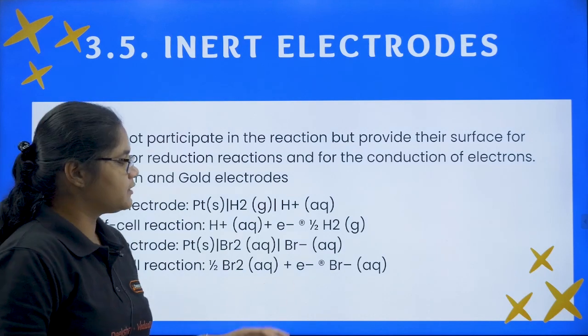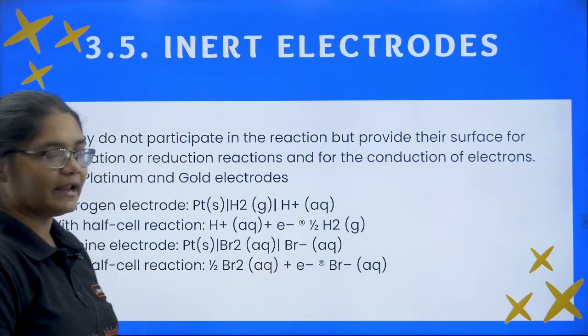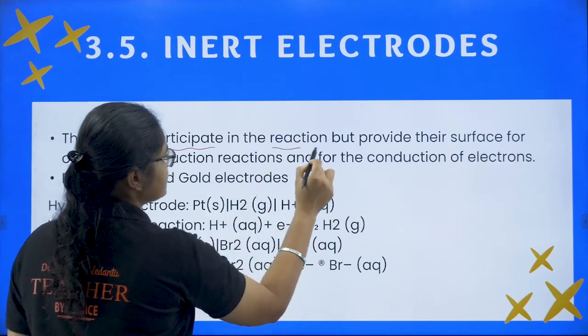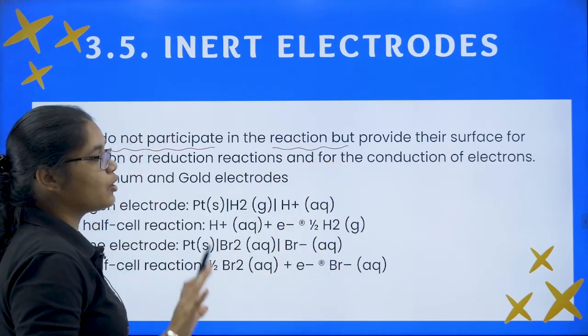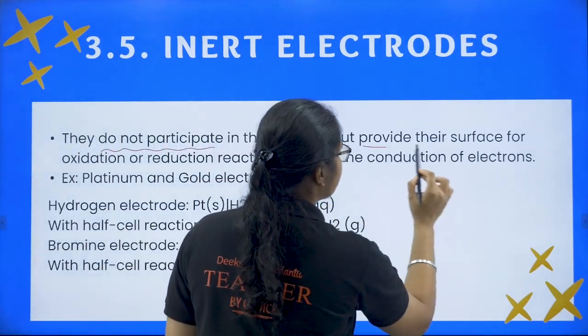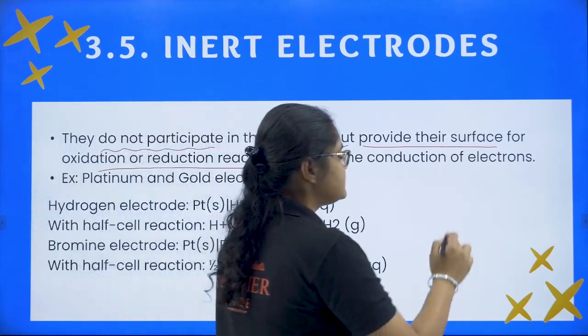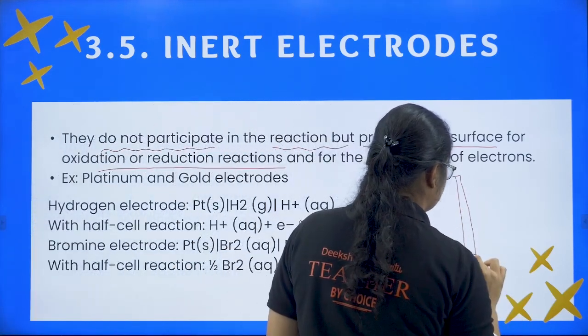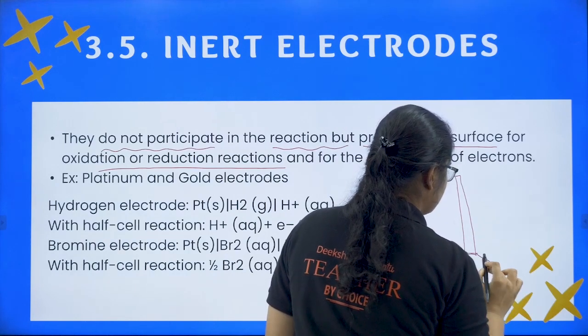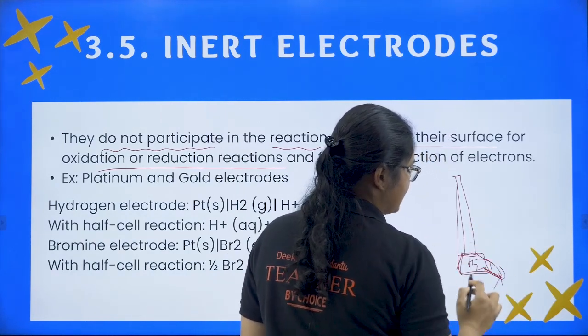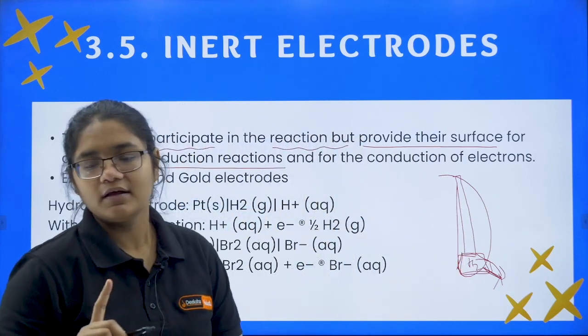Fine. Now the last topic we have is inert electrodes. So what are inert electrodes? These are the electrodes that do not participate in the reaction, but provide their surface for oxidation or reduction reactions. If you see the platinum electrode we have seen, hydrogen gets absorbed and the reaction takes place, but platinum itself is not involved in the reaction.